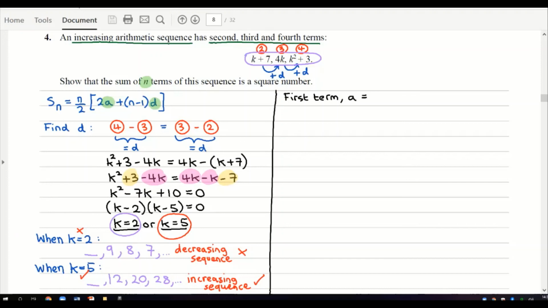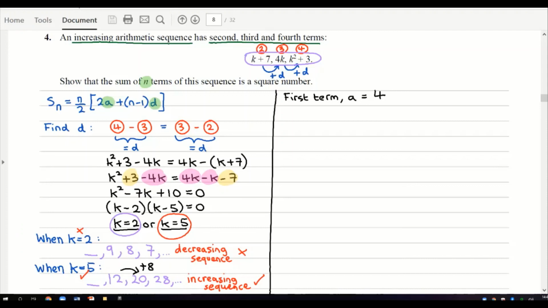Now, we're going to have to subtract the common difference from 12, which was the second term. The common difference, as you can see from here, is positive 8. So I have to subtract 8 from 12, which gives me 4.